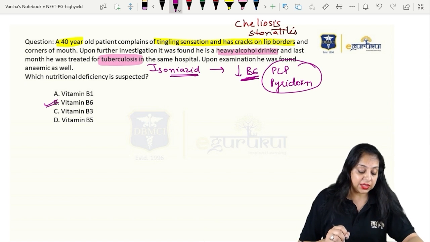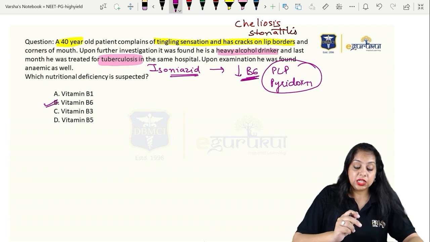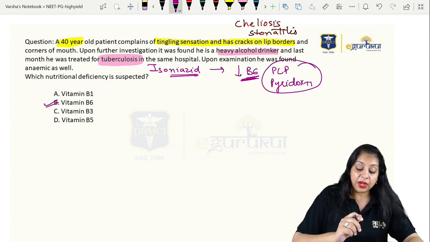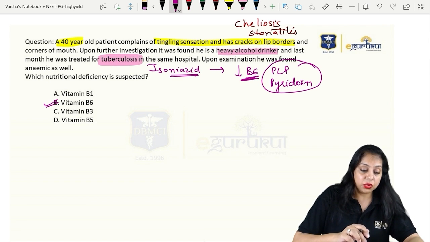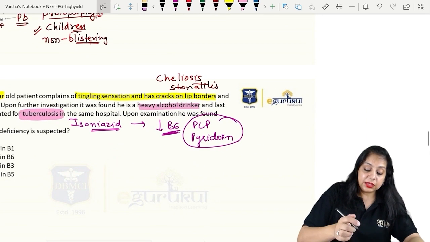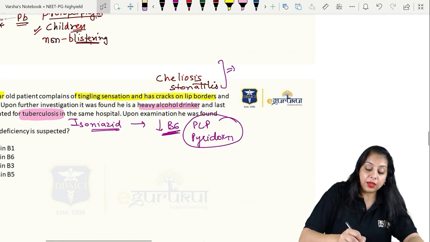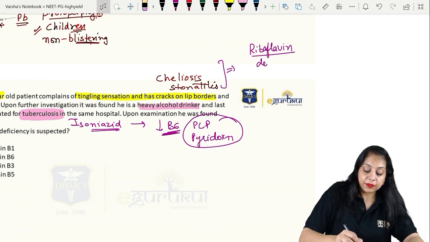It is the B6 deficiency which is expected. Now, the tingling sensation, the cheilosis, stomatitis. What else is very close to this? This is seen with riboflavin deficiency as well.